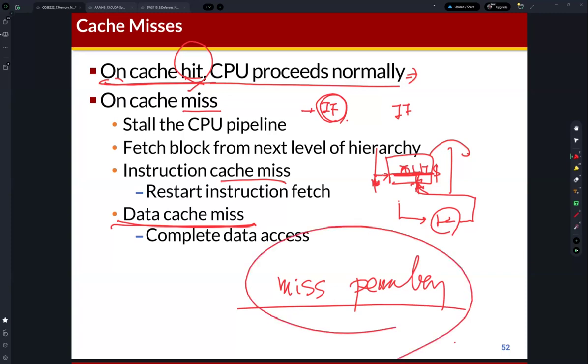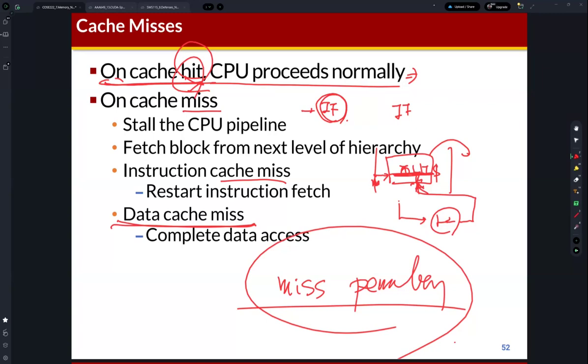So miss penalty represents the additional clock cycles for processing cache misses, right? We just assume that when there is a cache hit, the clock cycles are not wasted. It will just consume one cycle.